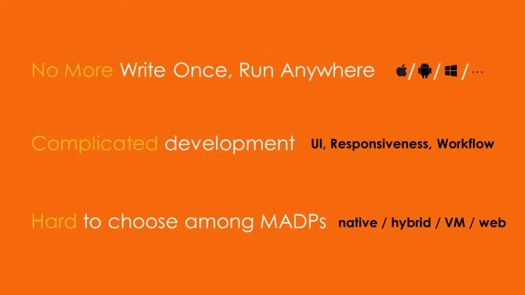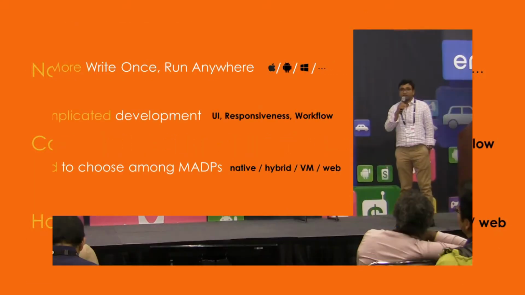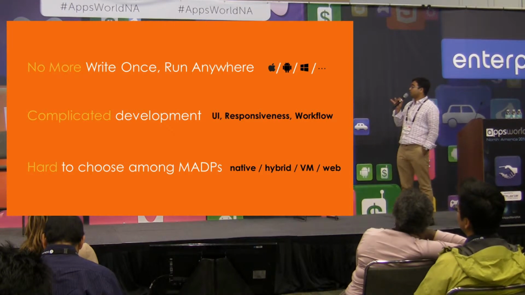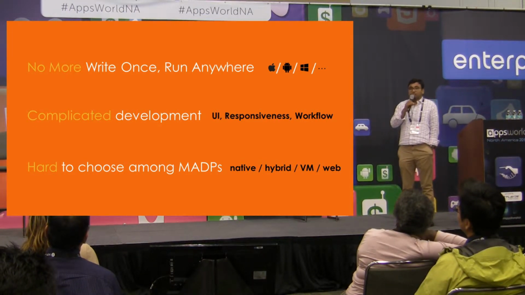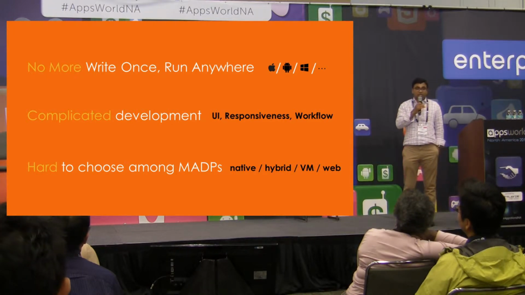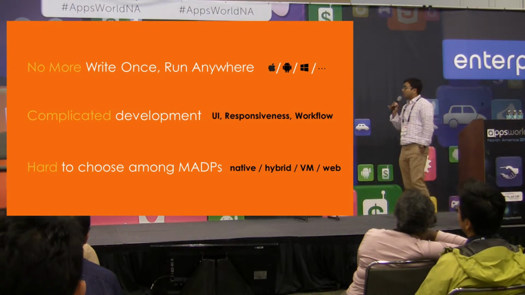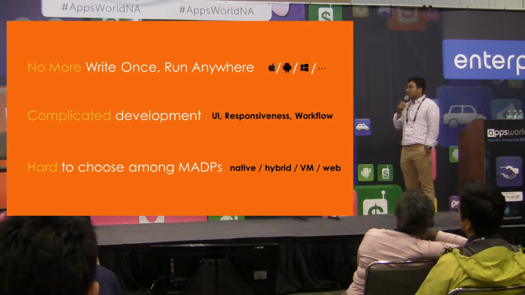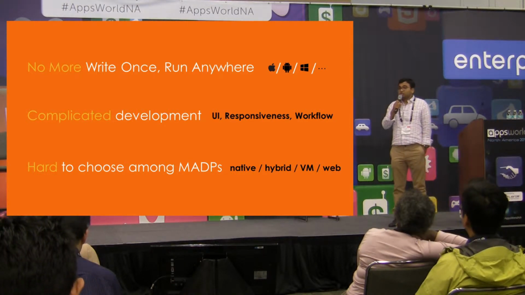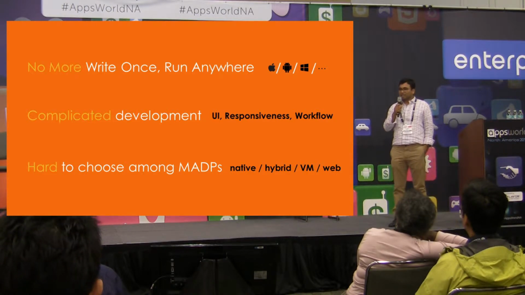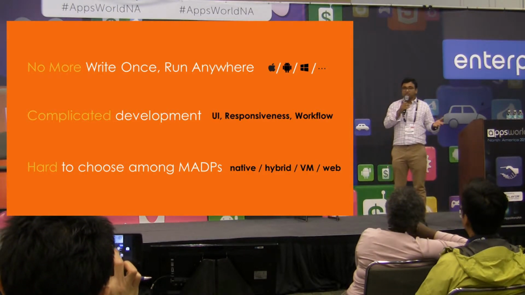So what are the problems with mobile development when compared with traditional application development? We're back to the pre-Java days, when we don't have just one single platform to write our applications on. There are multiple platforms. We can't just write once and run anywhere. Application development is more complicated. The user interface is more critical to the application than it was before.